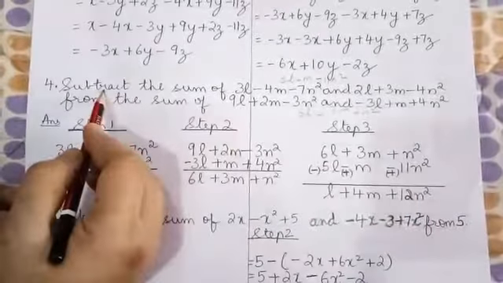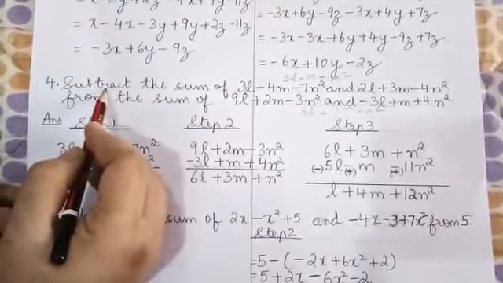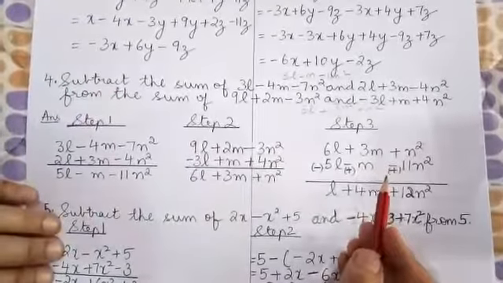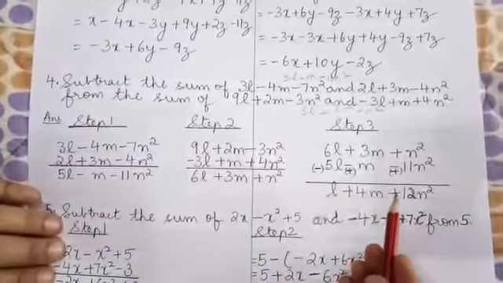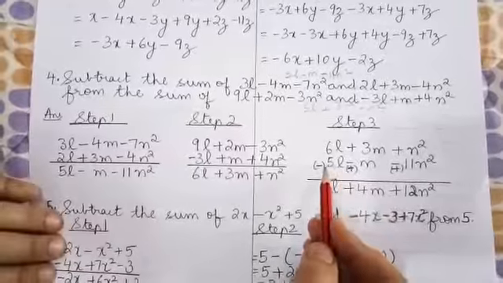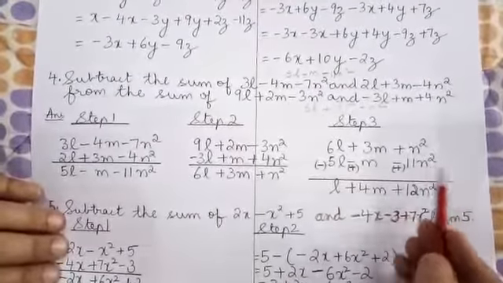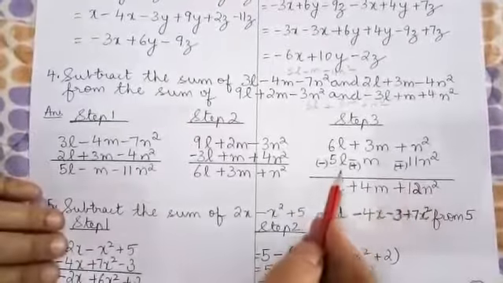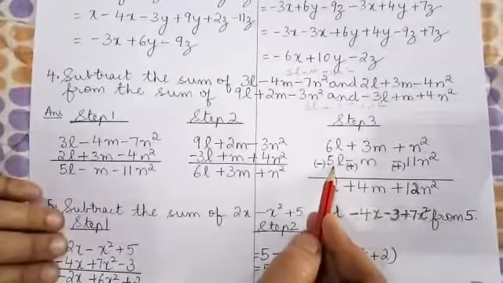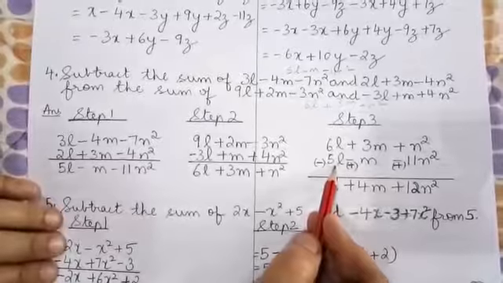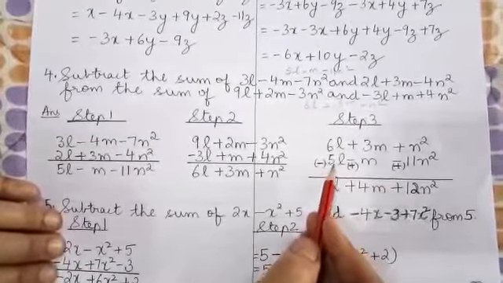Now we need to subtract. So what we have to do is, we need to change the signs for every term in the second expression. We had 5l. This was originally plus 5l. Make plus minus.